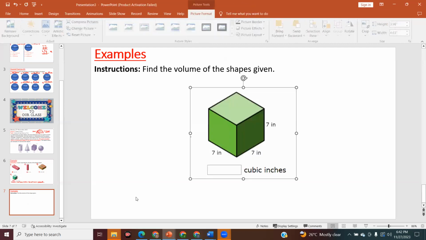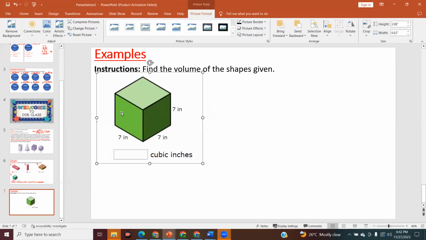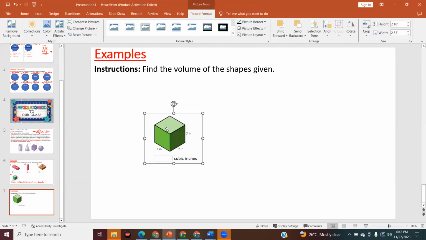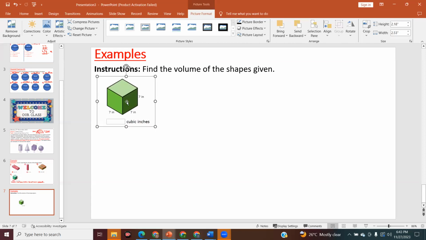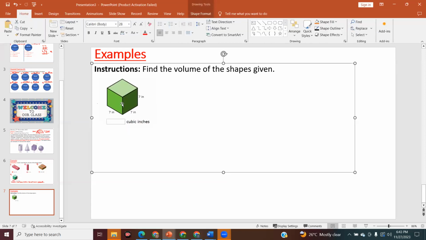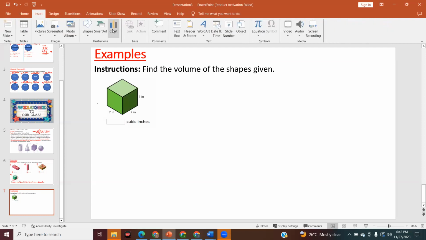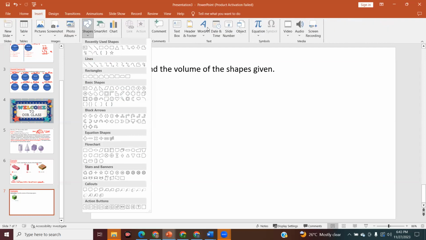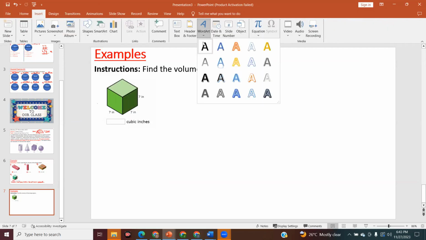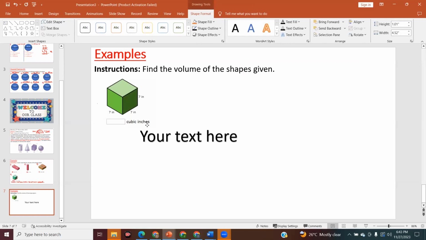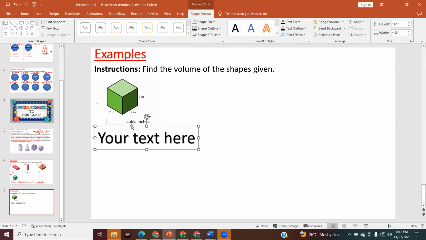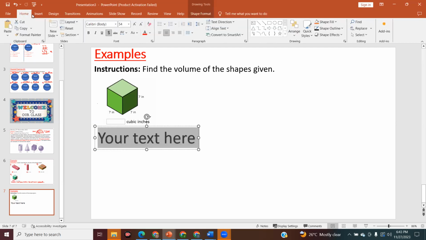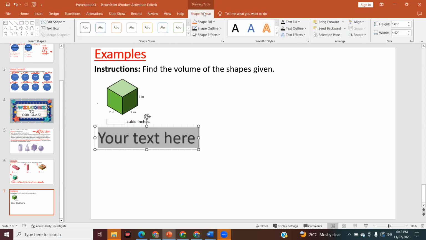So let's say, for example, we have this one. And what type of shape is this? Does anyone know what type of shape is this? It's actually a cube. How do you know it's a cube? Because all of the dimensions are the same length.